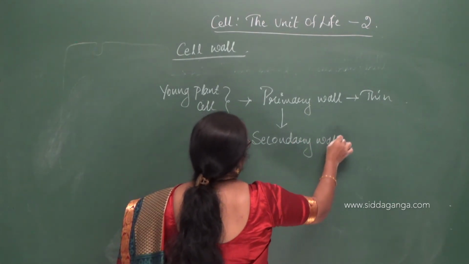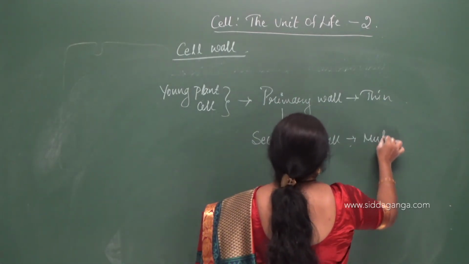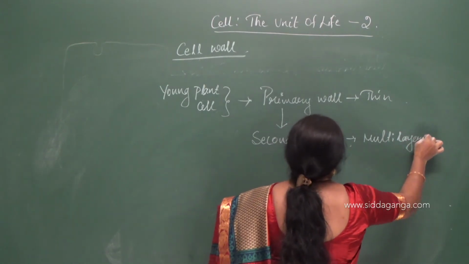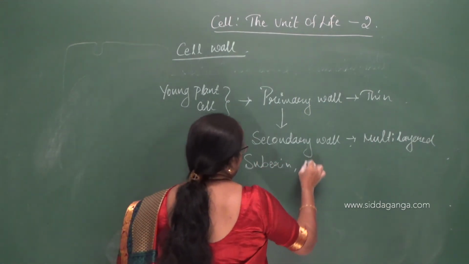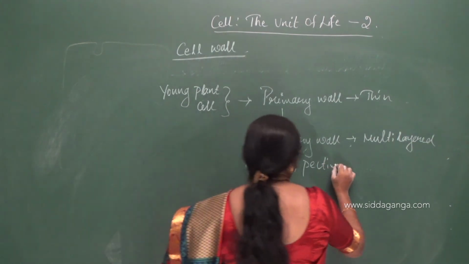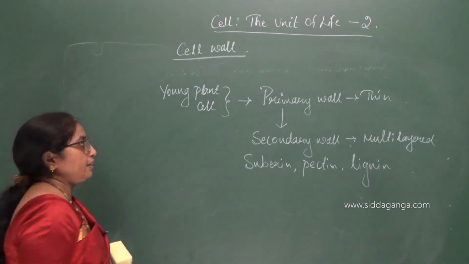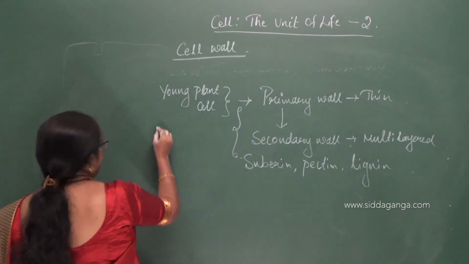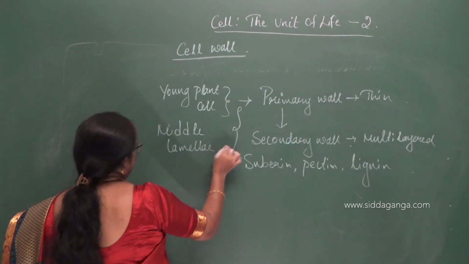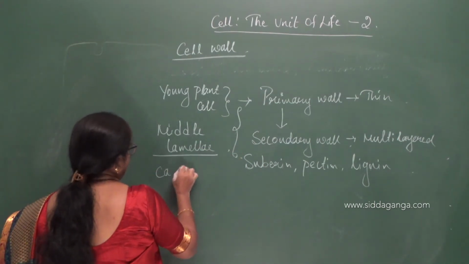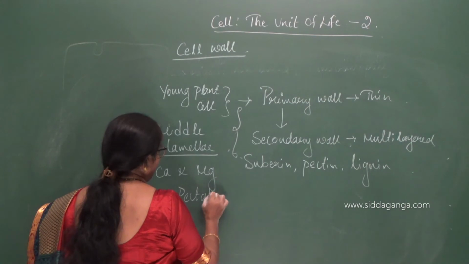So this primary wall goes on diminishing and the secondary wall is formed which is multi-layered and it is formed by the deposition of suberin, pectin, lignin, etc. In between the primary and the secondary wall is the middle lamella, which is formed by calcium and magnesium pectate.